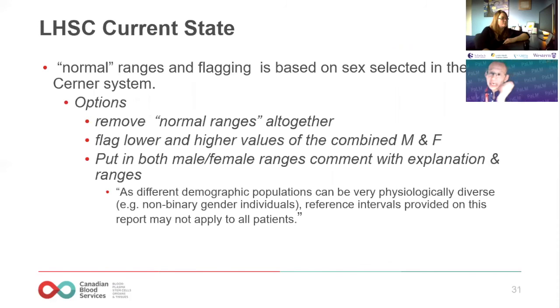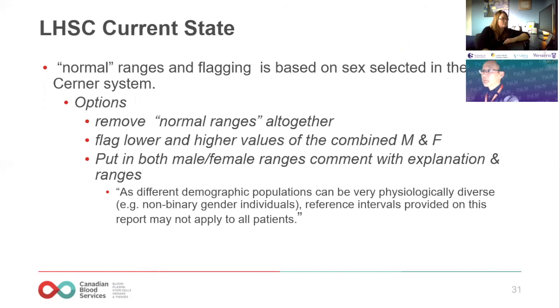At London Health Sciences Center, normal ranges and flagging is based on the sex selected in our health information system. So it's the sex assigned at birth. We've looked at ways of dealing with this. We could potentially remove normal ranges altogether. I would argue that would not be particularly helpful.